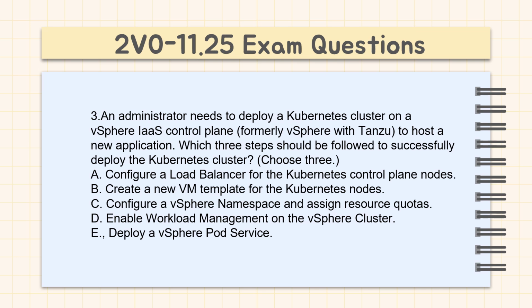B. Create a new VM template for the Kubernetes nodes. C. Configure a vSphere namespace and assign resource quotas. D. Enable workload management on the vSphere cluster. E. Deploy a vSphere pod service.